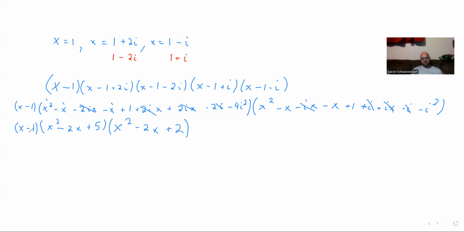Now, usually I try to multiply sets of 2 together. I'm going to take the first two here and get x cubed minus 2x squared plus 5x minus x squared plus 2x minus 5. And I'm still multiplying that by this.